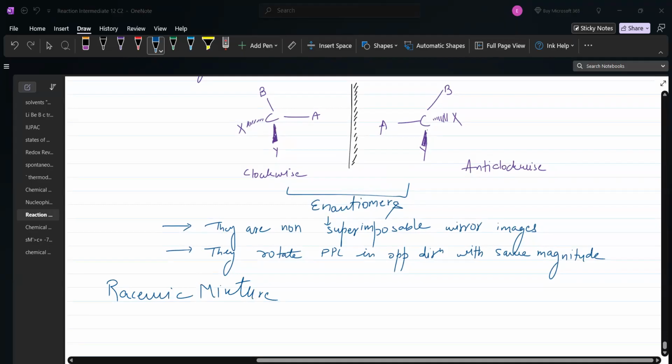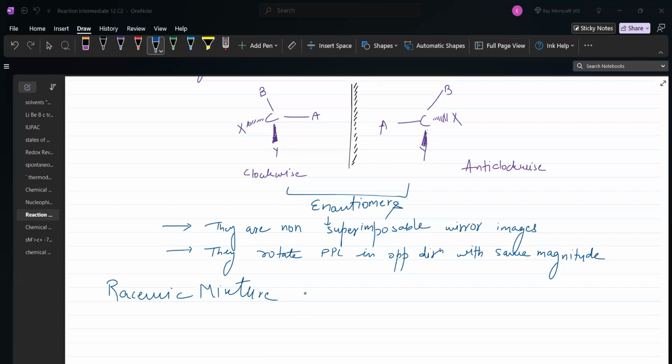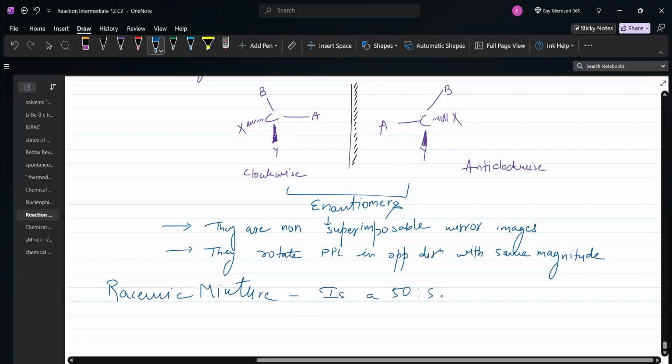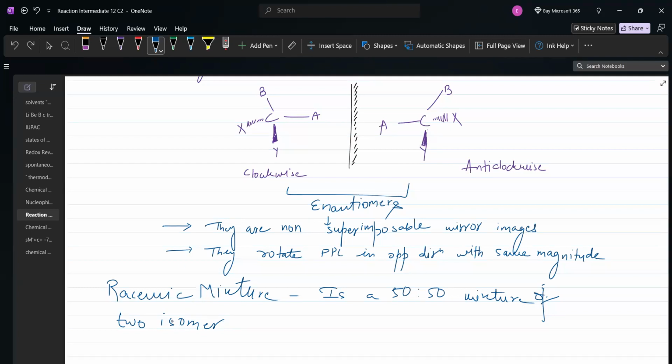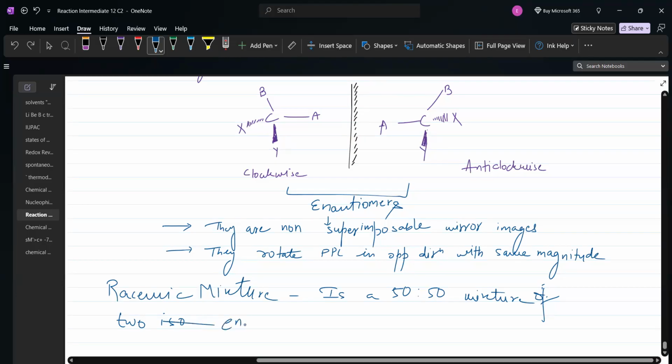So see, the definition of it is: a racemic mixture is a 50-50 mixture of two enantiomers. Two enantiomers I should write.